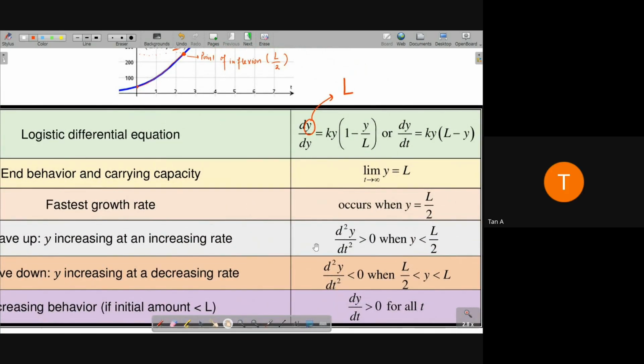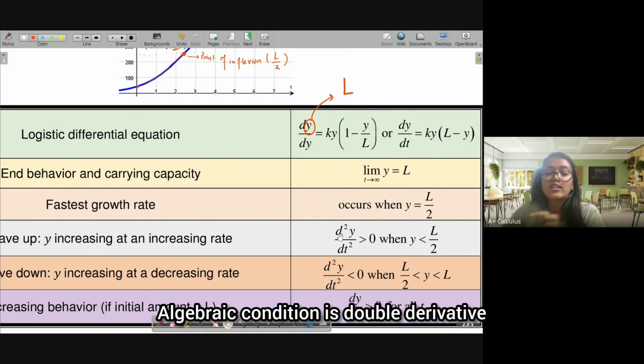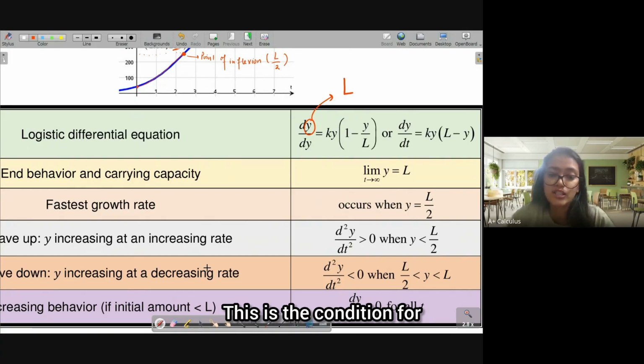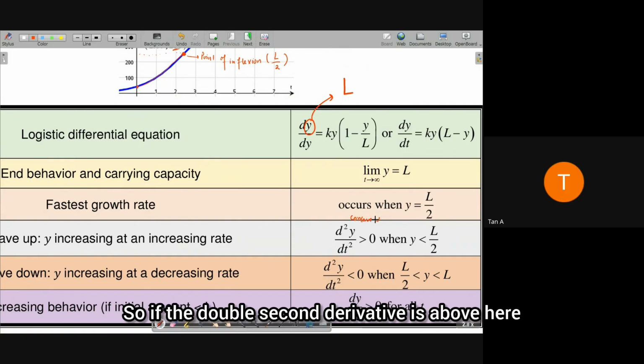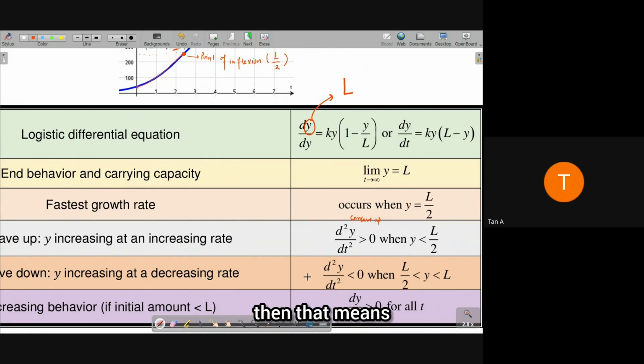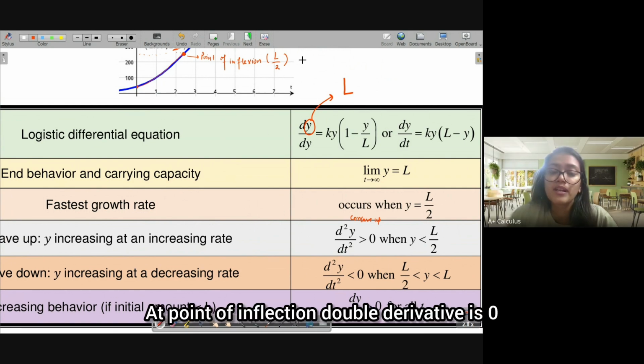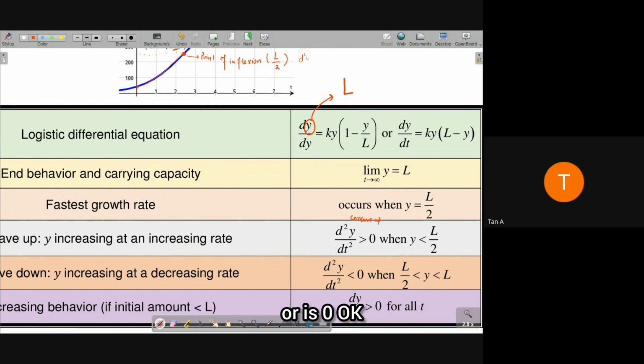And the algebraic condition is the double derivative is greater than 0. This is the condition for concave up. So if the second derivative is above 0, then that means that there is a point of inflection, right? At point of inflection, the double derivative is 0. Oh, it is 0. Okay. Yes.